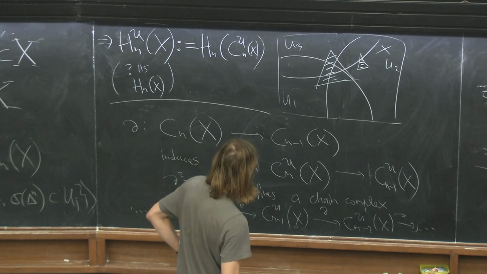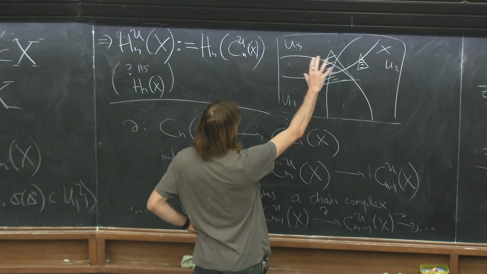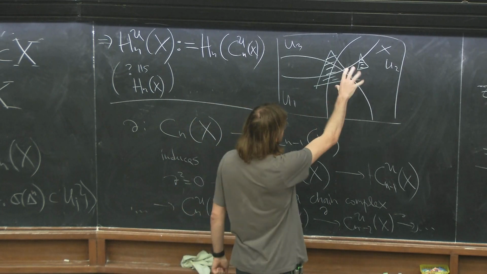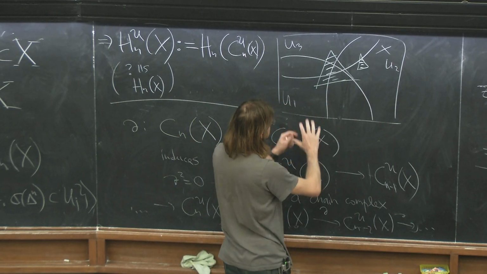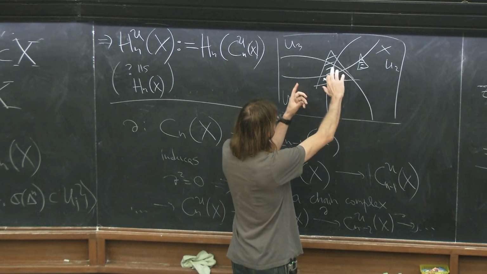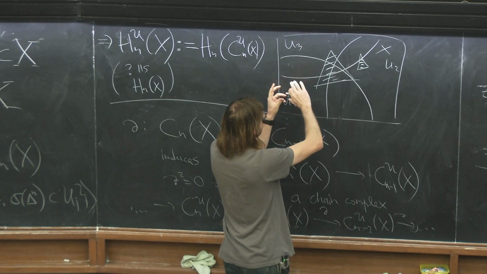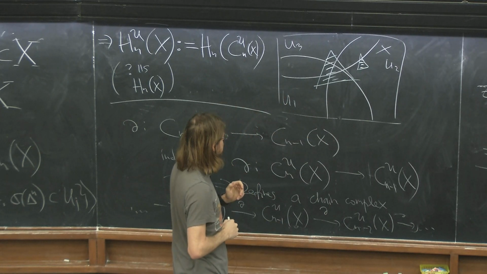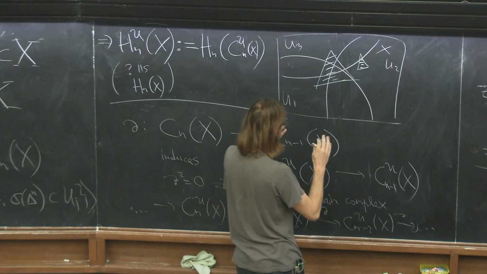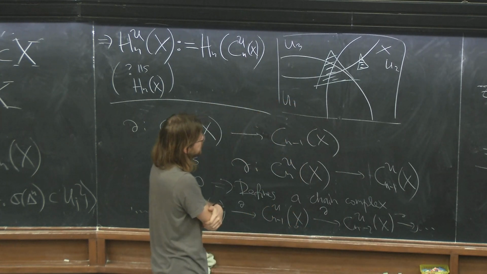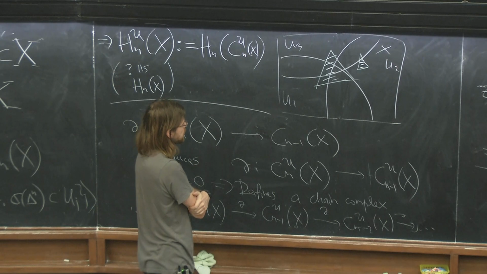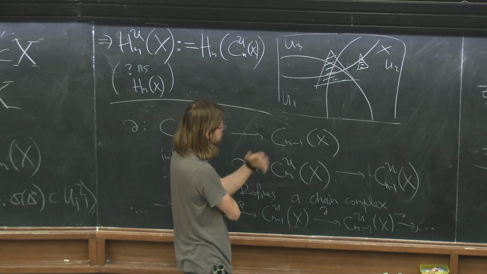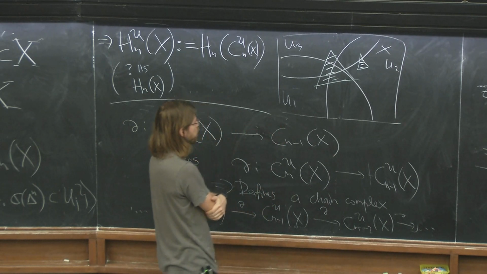You can understand this as the statement that if you consider singular chains with simplices small enough so that each of them can fit in one of these subspaces, then in the complex of singular chains restricted in this way, we don't lose any information when we go to the homology groups.